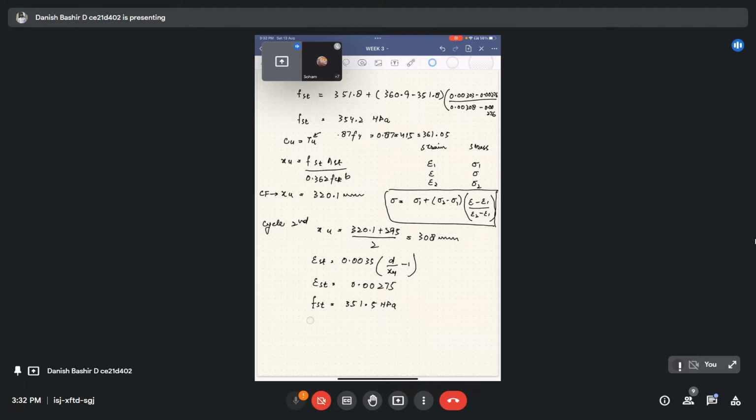Using the equilibrium formula again, Cu equals Tu, with the same FST as T, 0.362 FCK B XU. If you plug in all the values, we now get XU as 317.7 mm. What we assumed was XU 308, and what we got is 317.7. So we are converging to a solution of XU. Differences still remain, but we will do one more iteration to see whether our solution converges or not.